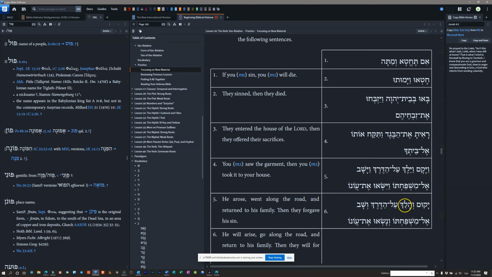upon the path, haderech, upon the way, and he will turn to, this is shuv, but it's a perfect form. Shuv becomes shav, and it's future because we've got the vav relative here. So shav by itself would be he turned, but we've got veshav, and so this is he will turn.